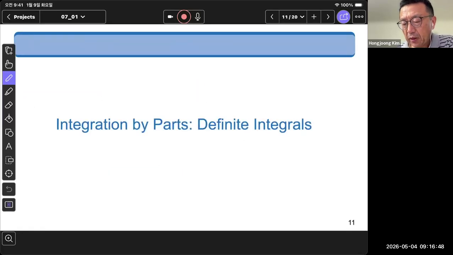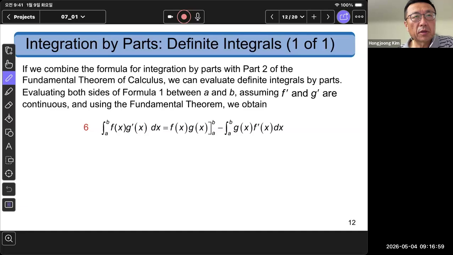Now, we have the same integration by parts formula for definite integrals. The only difference here is this one. Since we are integrating from, say, a to b, the formula for the integration by parts will be this.